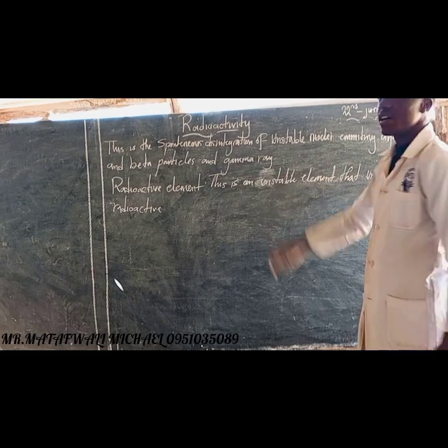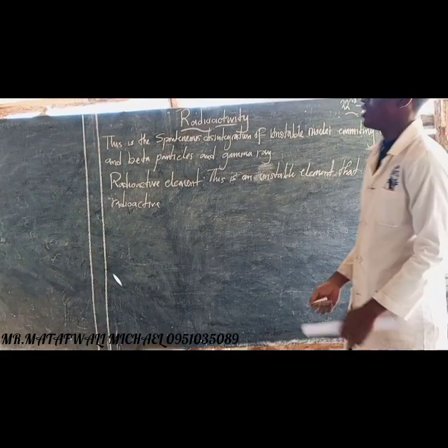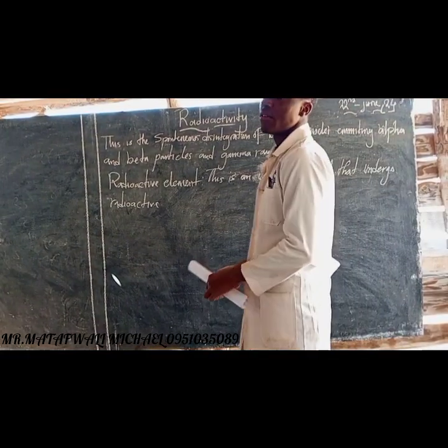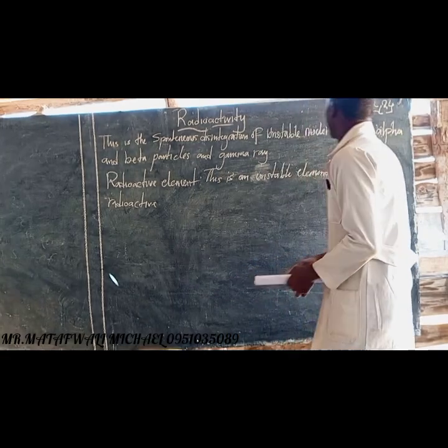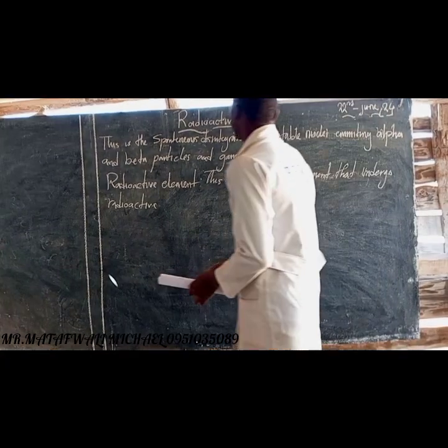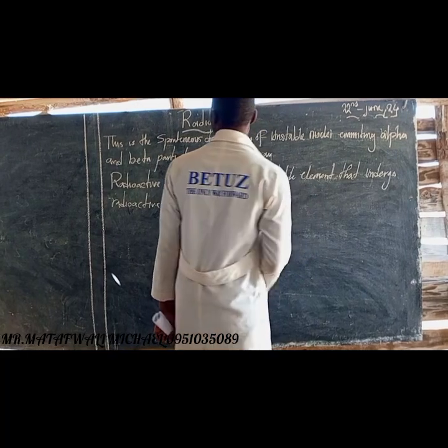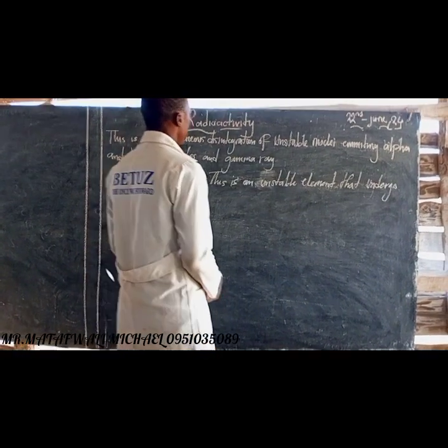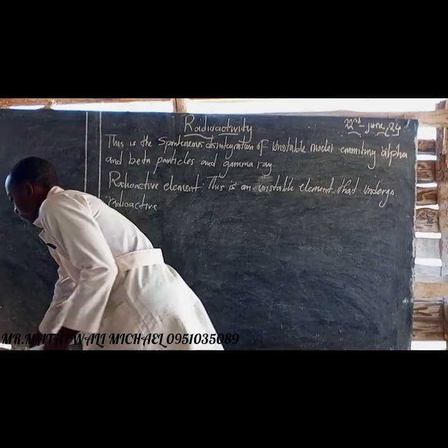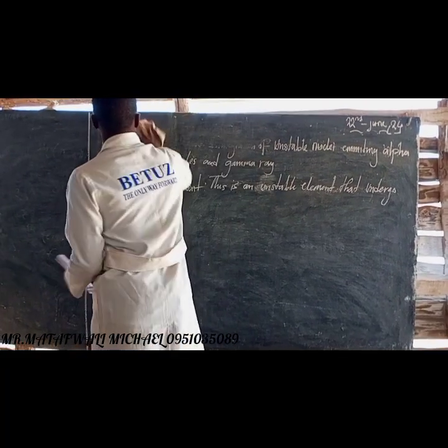which we need to discuss, and these mostly come under multiple choice questions. So we are going to move on to discuss the characteristics of emissions: alpha, beta particles, and gamma ray. So I'm going to have first this.